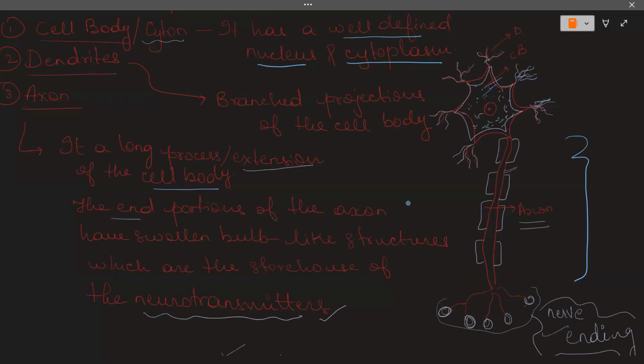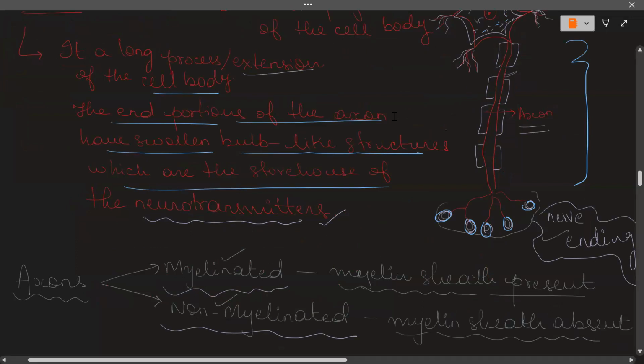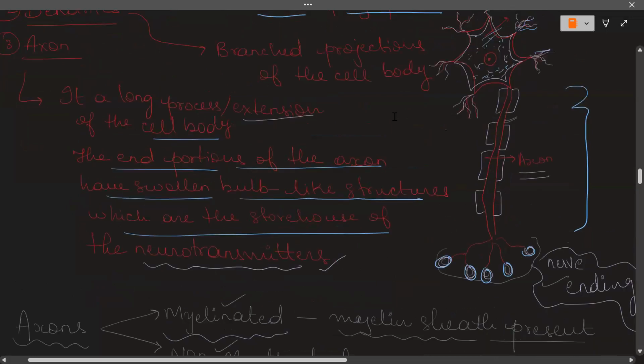So at the end of the axon, these bulb-like structures are present at the nerve endings. These are the ones that are the storehouse of the neurotransmitter. Clear, students? Yes, miss. This is about the structure of a neuron. Any doubts up until now?